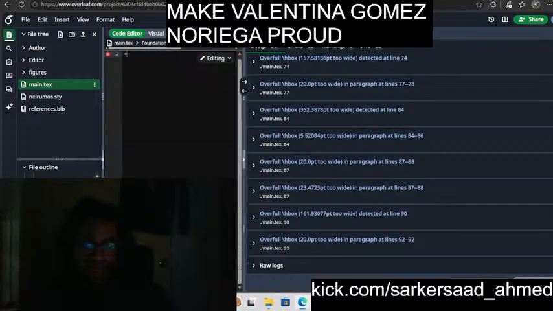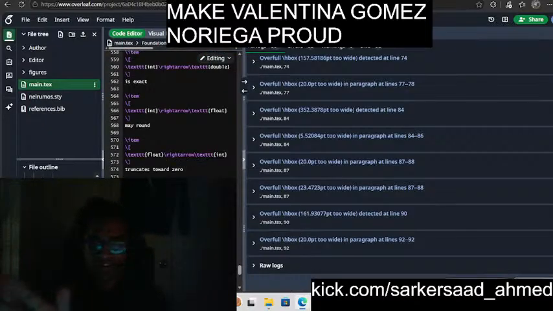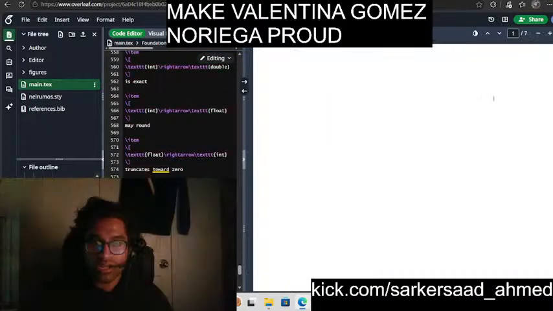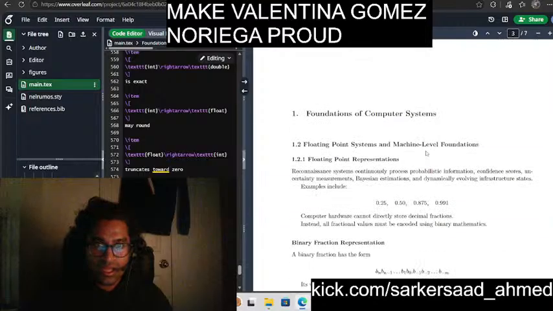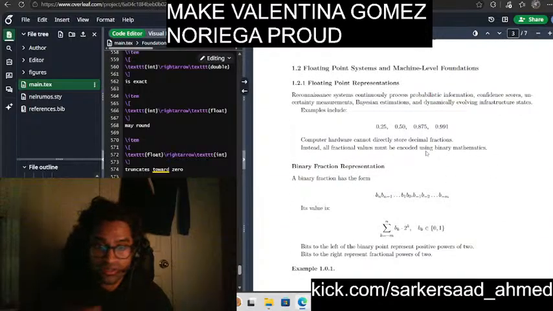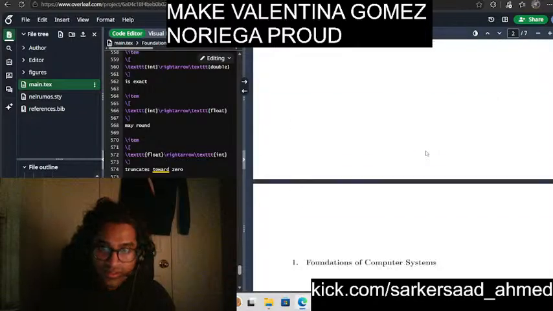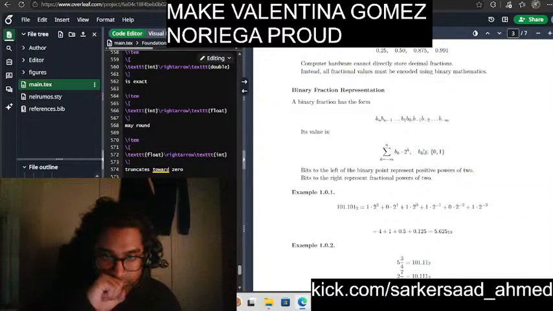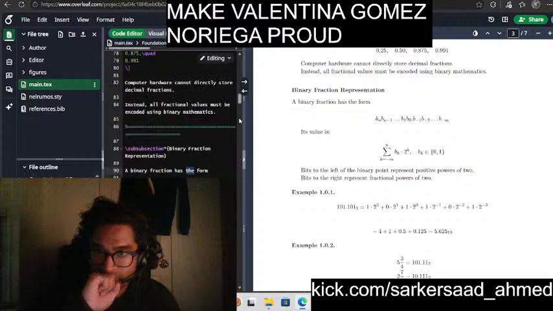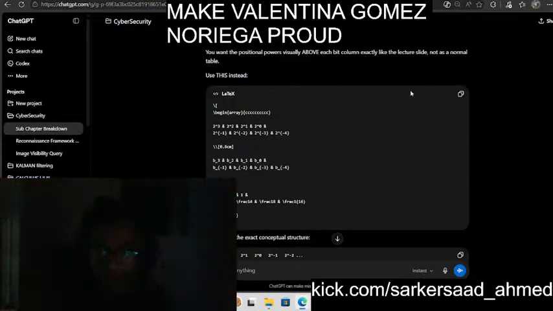I don't think it's going to work because of the way it works in the LaTeX online compiler, but okay, it actually worked. That is very surprising. So a binary fraction has the form, so I would have to change that instead.